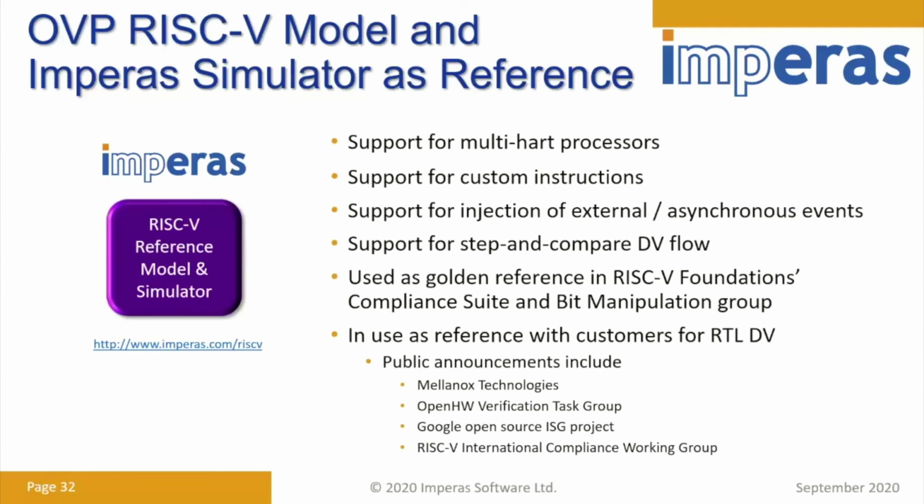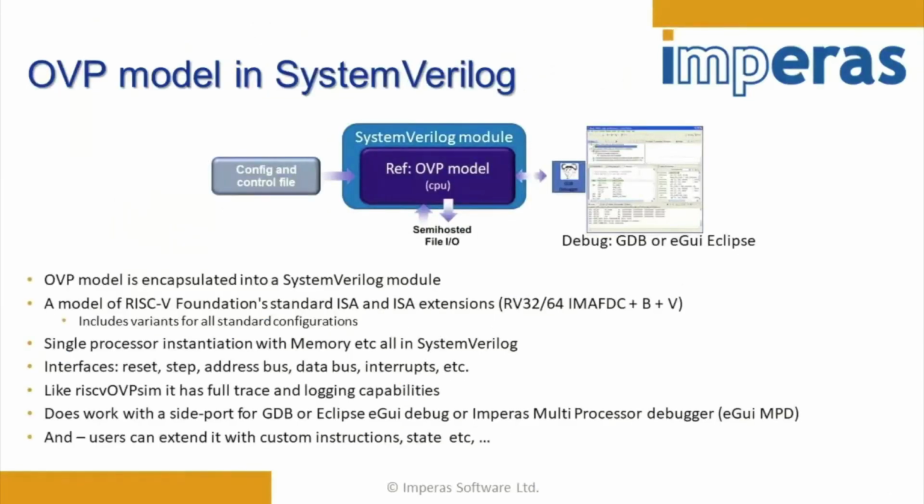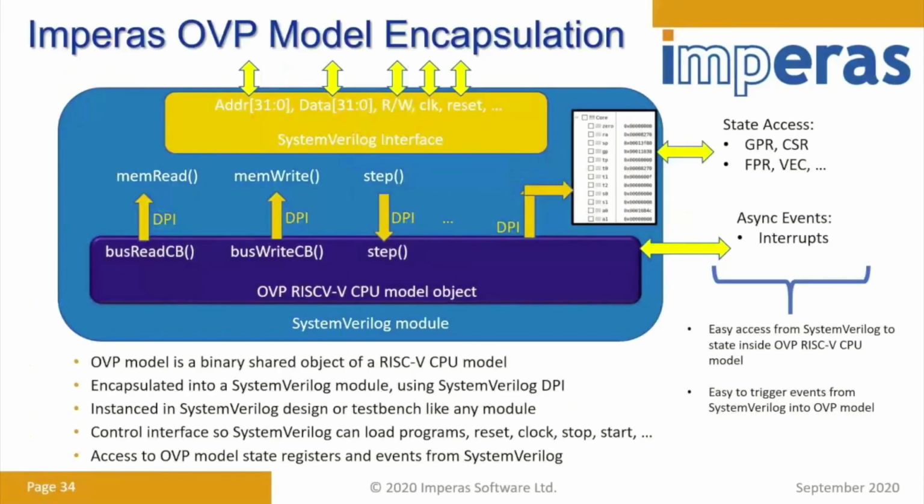There have already been some public announcements on this from one of the companies I mentioned, Mellanox. The Open Hardware Verification Group are using our technology as part of their framework as well. If you look at how this works, you basically have the base OVP model within a SystemVerilog wrapper, using the DPI in order to communicate. In that wrapper, you provide the access onto the bus to perform transactions for loads, stores, and fetches.